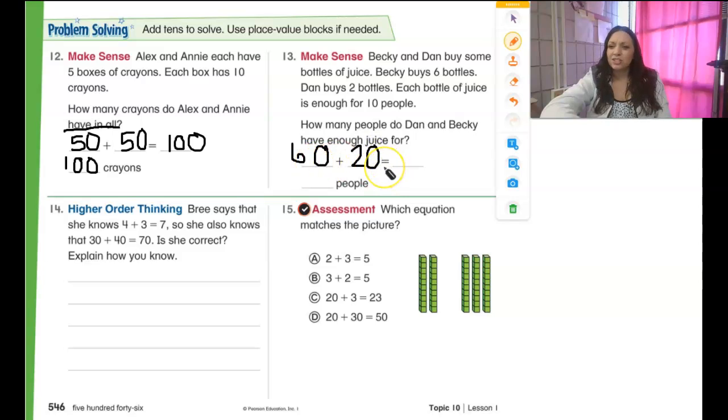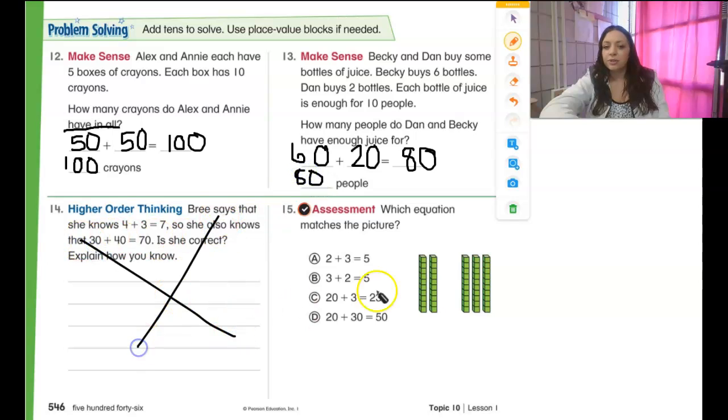So what's 6 plus 2? 6, 7, 8. So if 6 plus 2 is 8, and I'm doing 8 tens, what do I need to add in the ones? I need to add that 0, that's right. 60 plus 20 equals 80. So they can do it for 80 people.